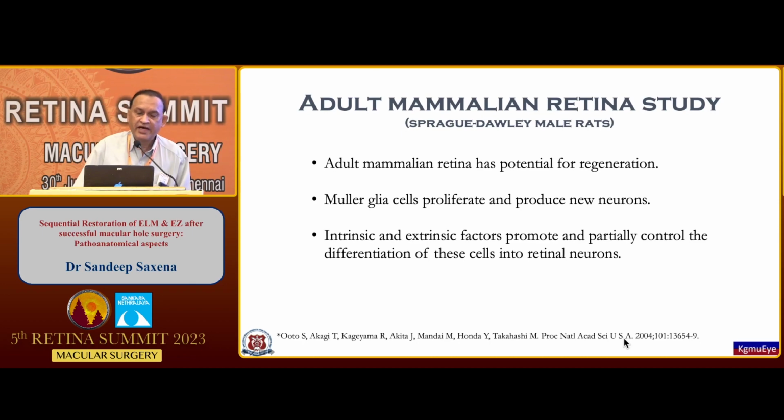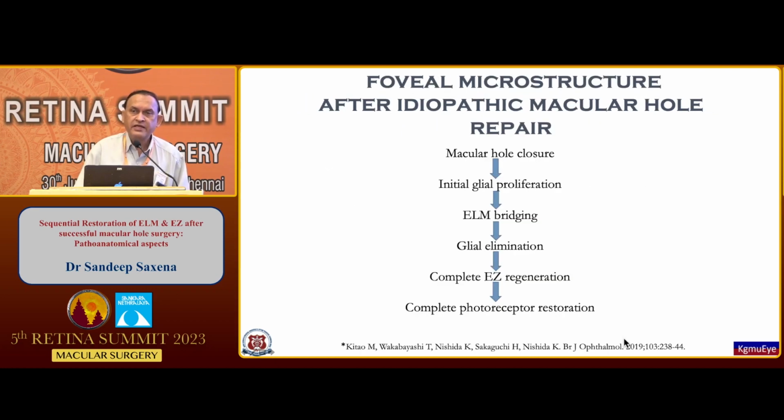About 20 years back, it was shown in the adult mammalian retina that it has the potential for regeneration, and that the glial Muller cells proliferate and produce new neurons. The intrinsic and extrinsic factors or environment promote and partially control the differentiation of these cells into retinal neurons. So Muller glial cells have a very important role in regeneration or restoration.